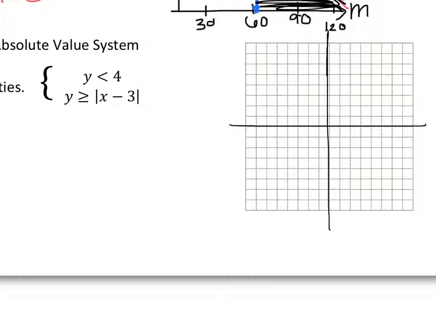Horizontal, where y is 4, right? And is it going to be dashed or solid? Dashed is correct because it did not have an "or equal to." Will we shade above or below this? Below is correct because it's less than. So draw some arrows pointing down. That's where we're going to shade.